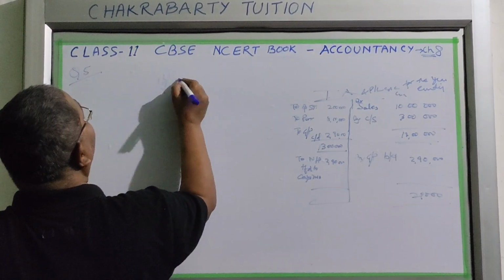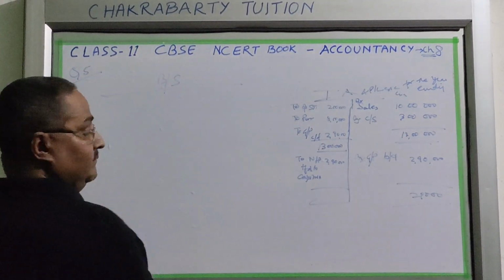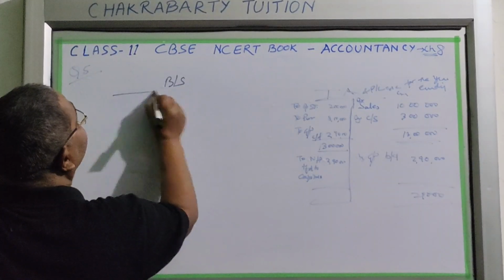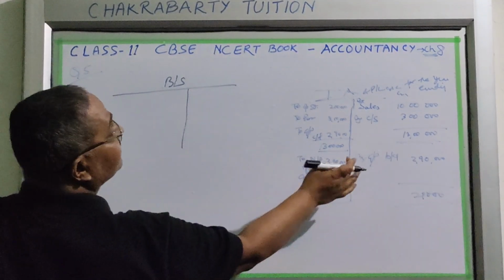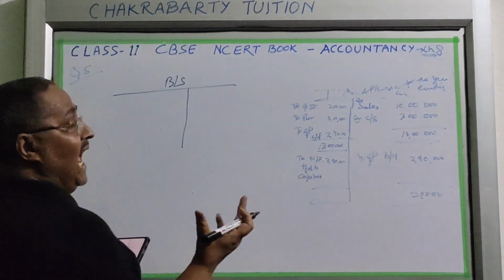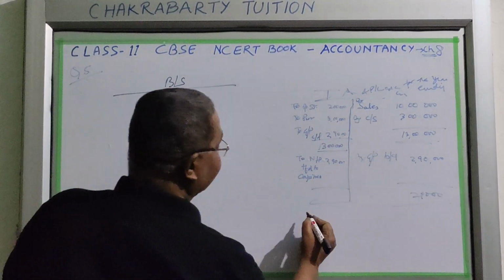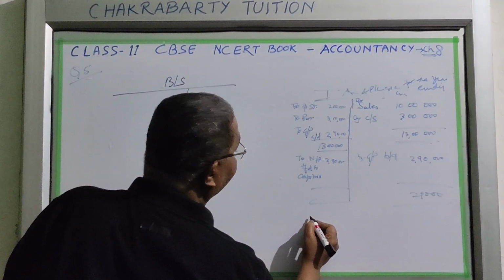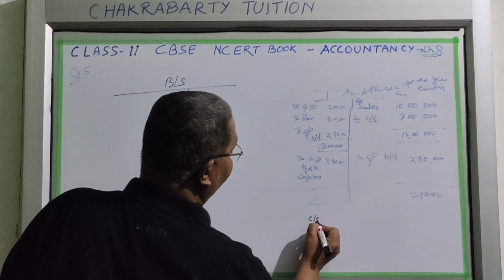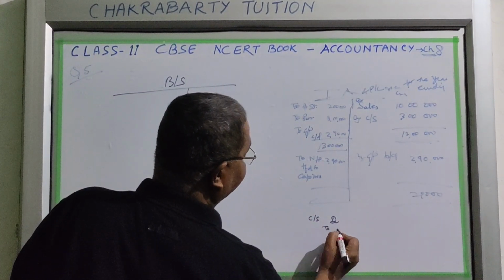In the balance sheet, how is this closing stock your asset? You have written the journal entry: trading account, closing stock, debit to trading account.